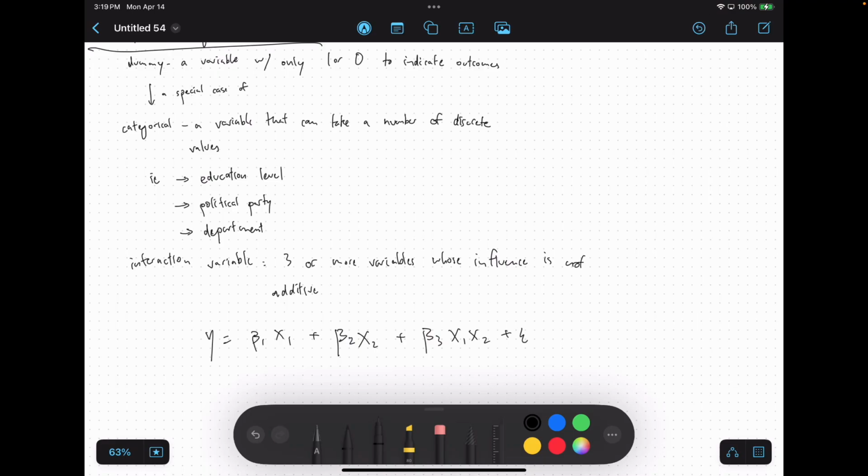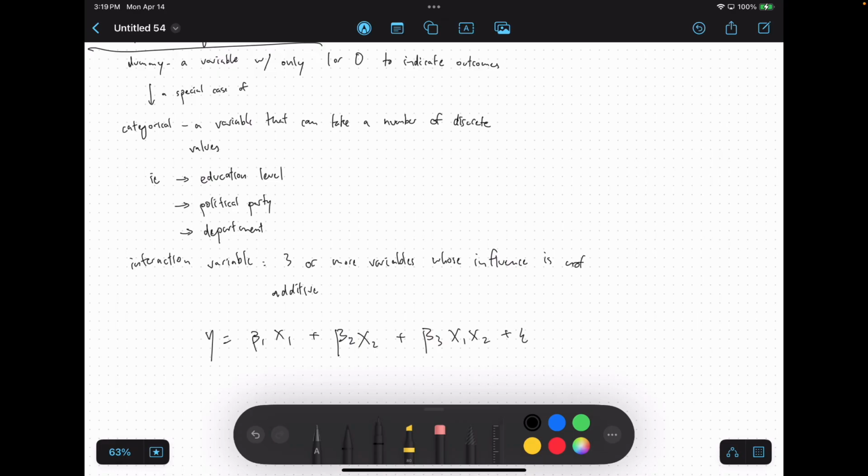Okay, so let's look at an example. I'm going to be importing a data set to do this example, which you can find in the Canvas files. I've already uploaded it, so if you want to follow along, jump to Canvas really quick.